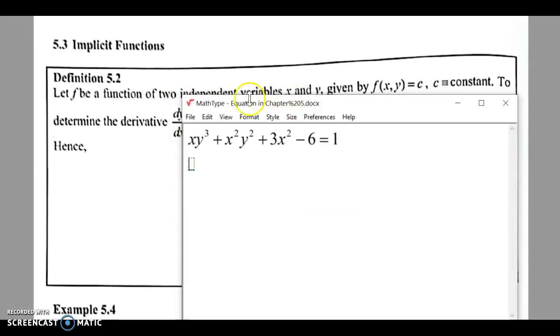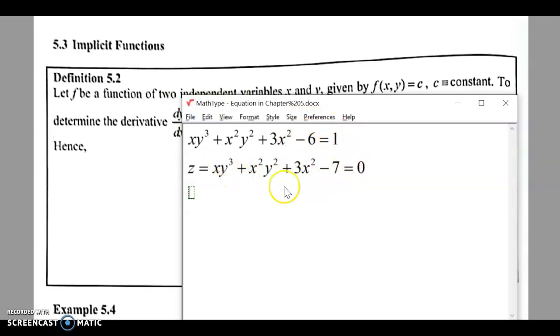So first, we'll need to rearrange this, redefine this in terms of z. Because z is equal to 0, basically we'll just need to move all of them to one side. For this one, we have 1 at the right hand side, so just move it to the left, so it becomes -7.